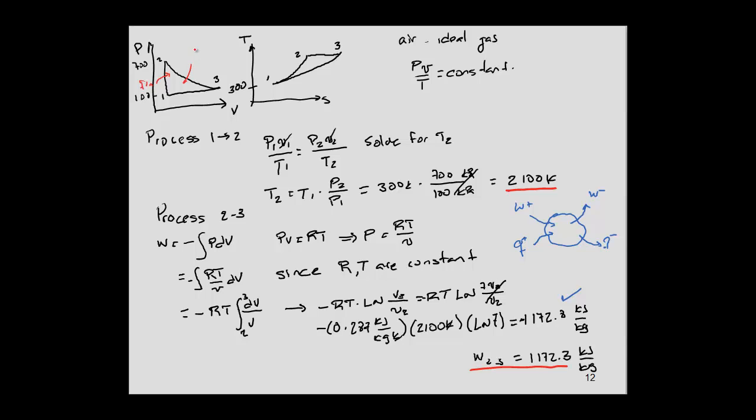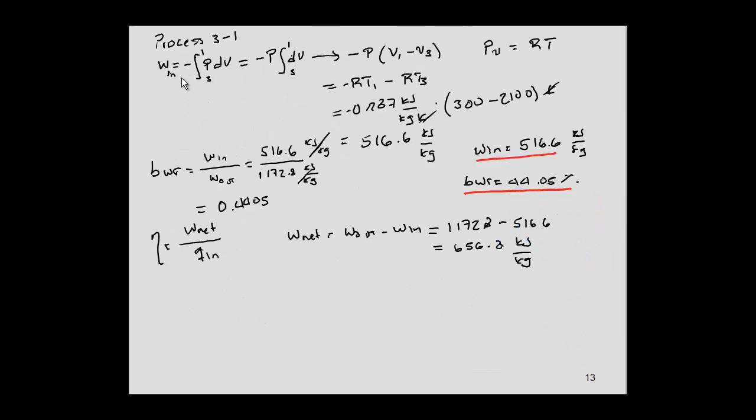We should have some Q in here in order to keep the same temperature. So because of that, we are gonna perform an analysis to find Q in, total Q in, from 1 to 3.